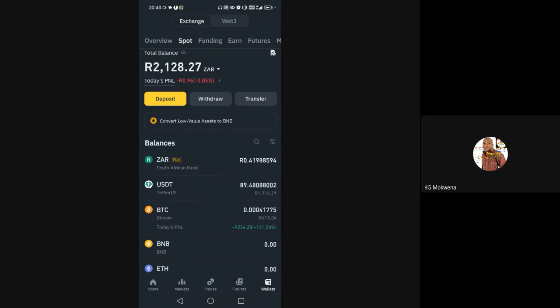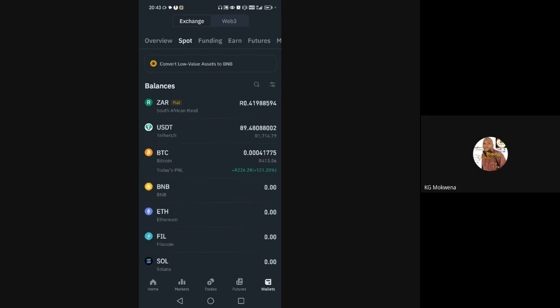So it means the robot moved a certain amount of your USDT into Bitcoin now. That is why your Bitcoin now has a value of around 413 rands. Can you see your BTC? Yeah. So who has done that is the robot. So now the robot is trading for you.